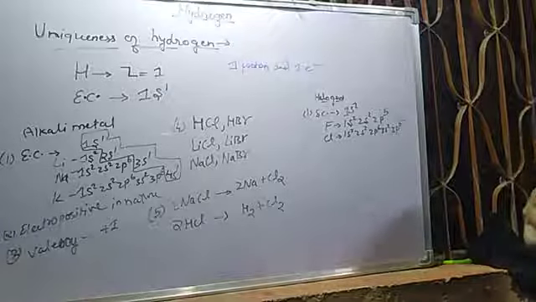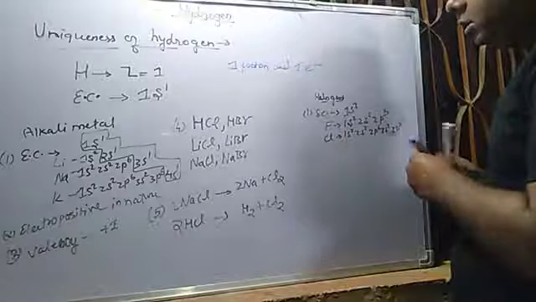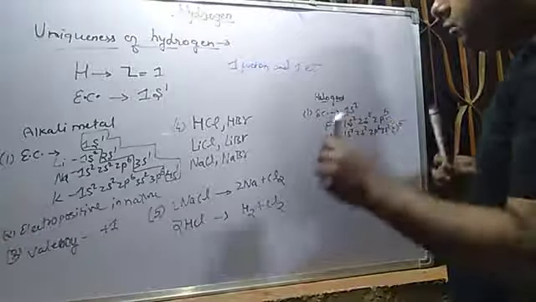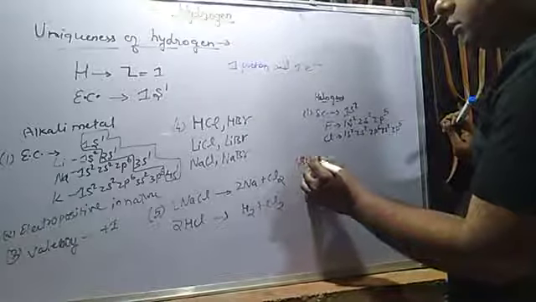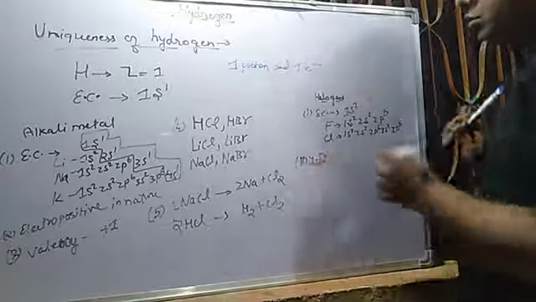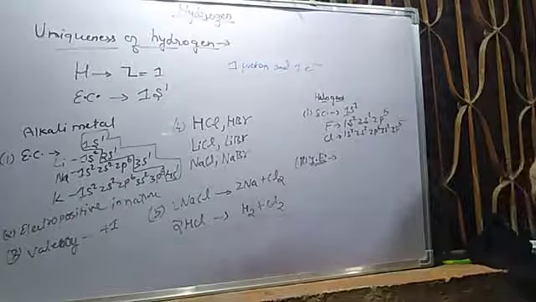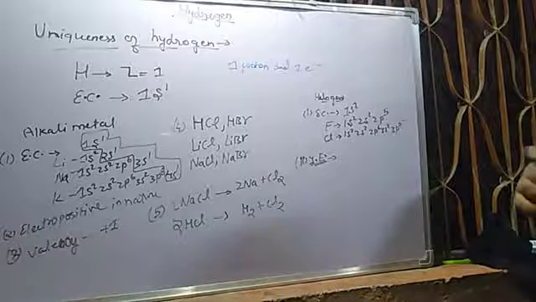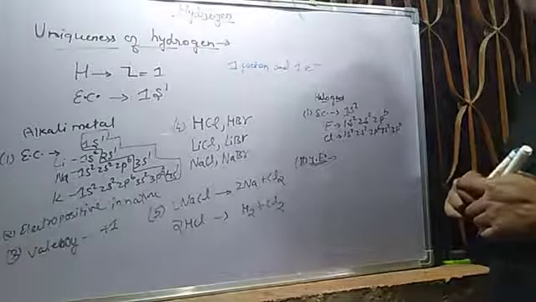Next is the ionization enthalpy. Hydrogen's ionization enthalpy matches up with that of the halogens. What is the ionization enthalpy? The ionization enthalpy is the energy required to form the ions.